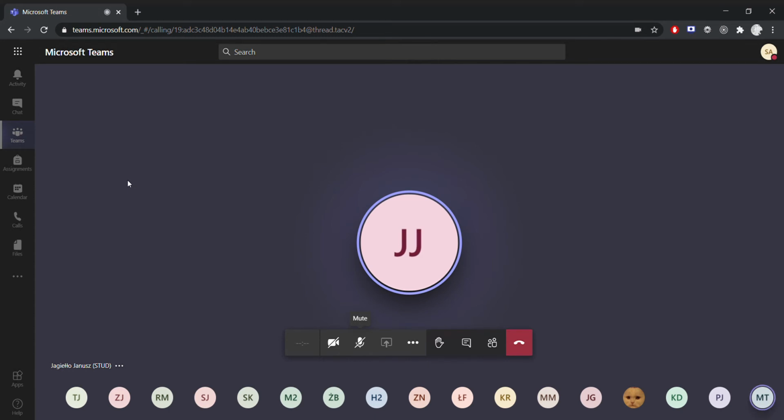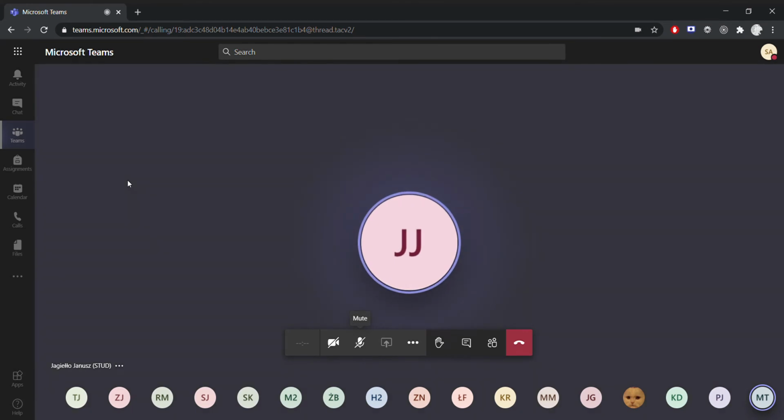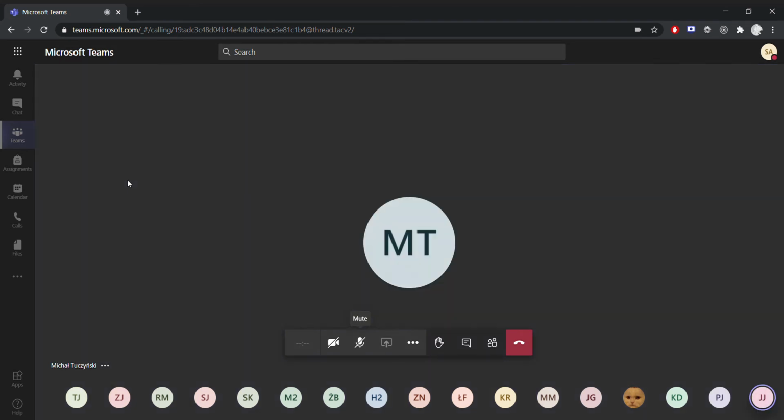Okay. And the other one is if x is smaller than y plus 1. This BD is bounded difference. Yeah, bounded difference.